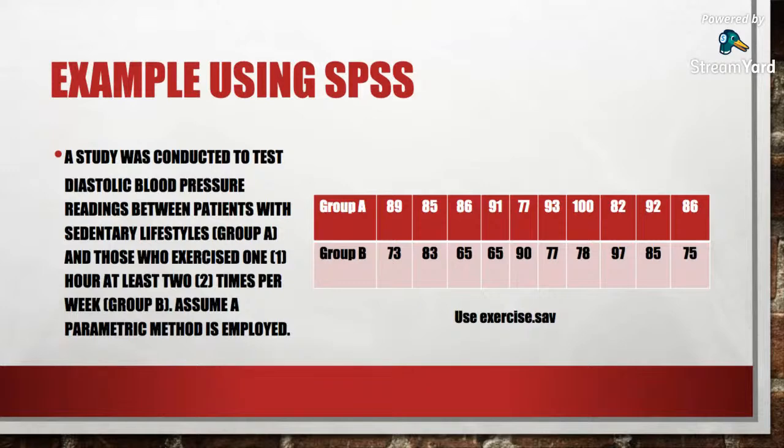Now, we are going to compare these two independent groups. Why are they independent? Because the diastolic blood pressure of group A does not affect the diastolic blood pressure of group B. So totally, their blood pressure readings are independent. The blood pressure of one respondent has no effect on the diastolic blood pressure reading of another respondent. That's why these two groups are said to be independent.